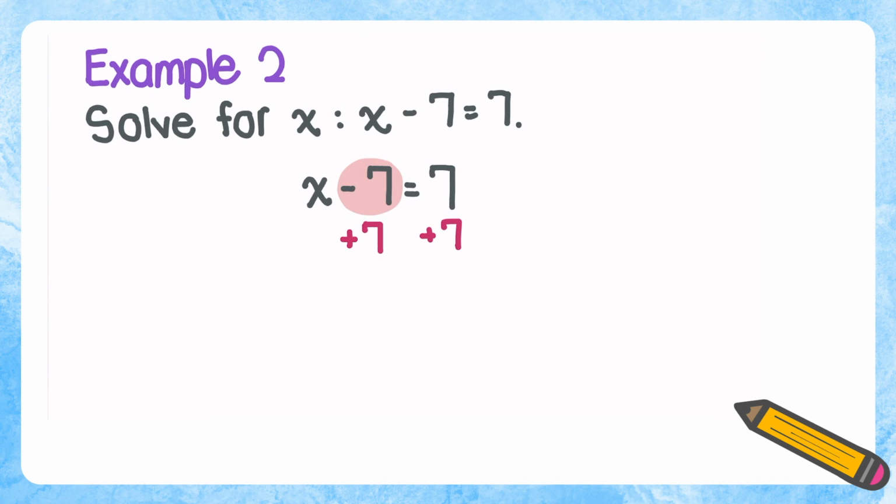And from here, opposites cancel, so we have x on the left side equals 14. Be careful right here. Remember, on the right side, we're doing 7 plus 7 equals 14. So don't accidentally cancel it out or anything. So as our final answer, we get that x equals 14.